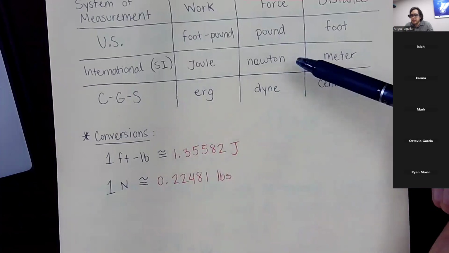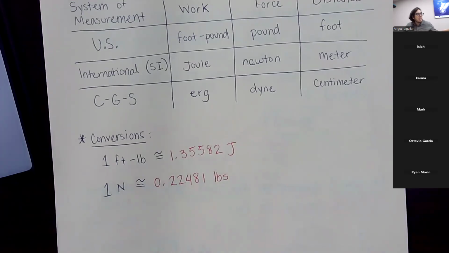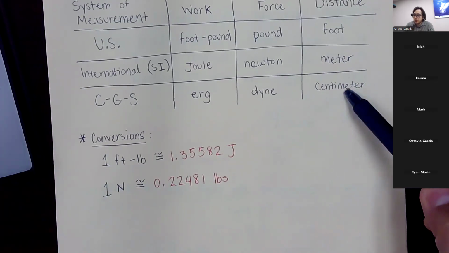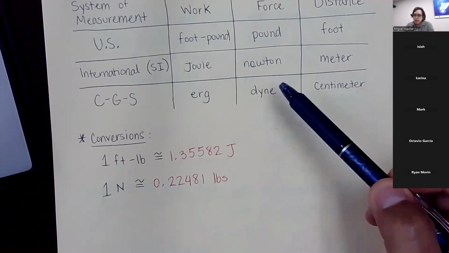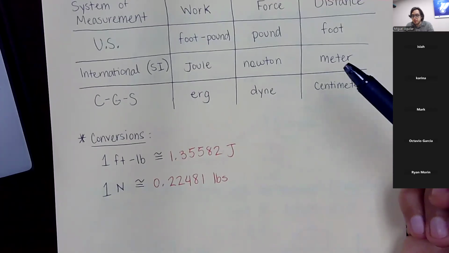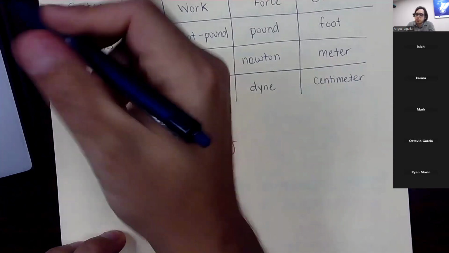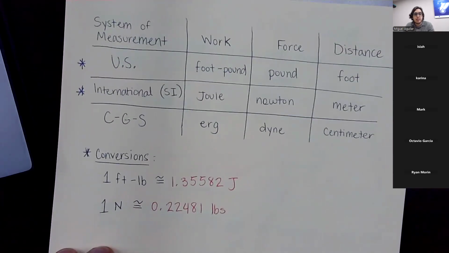Because a Newton is kind of large and a meter is a long distance, if you wanted to minimize that distance, you could measure in centimeters, in which case force would be measured in dynes, and then you would get this erg measurement for work. But I would say that most of the time we're probably going to use these two systems of measurements.